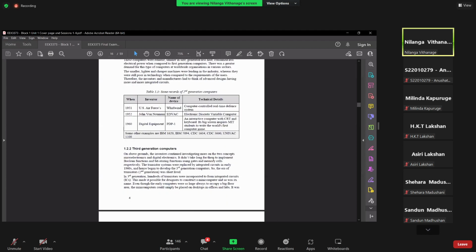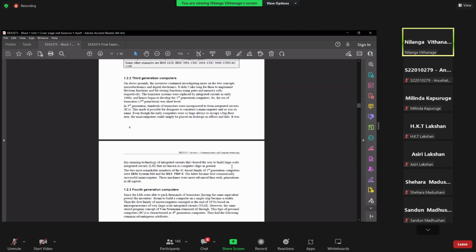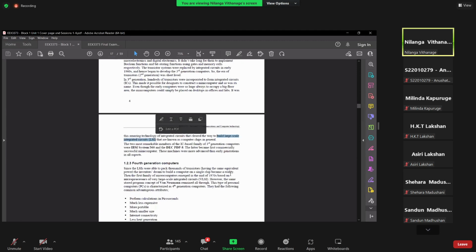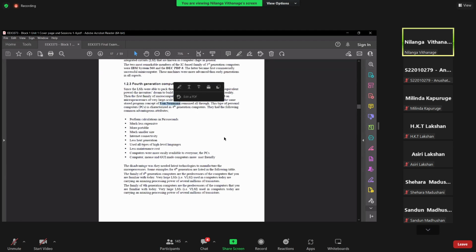So in the third generation, something like large scale integrated circuits were built. Those are the main points, right? Then this fourth generation, here we are still using this von Neumann architecture, right?